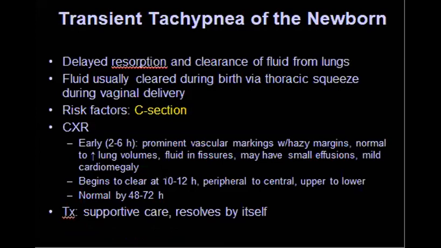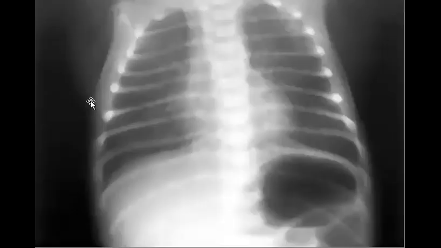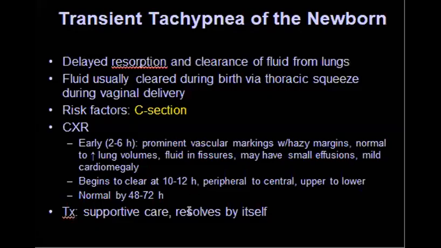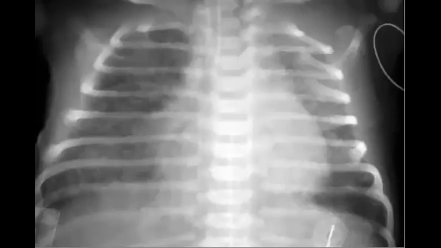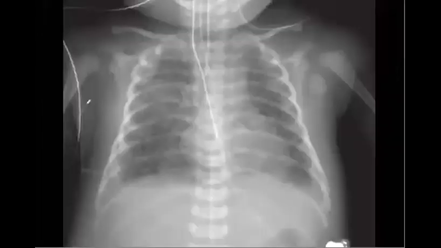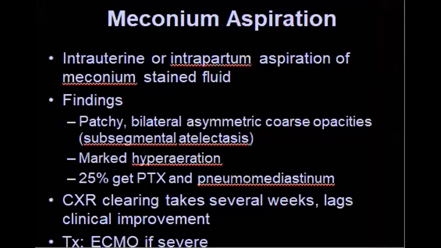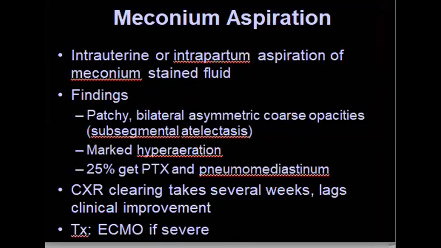After that it can become clear, like this patient, and after a few days become normal. Meconium aspiration in this case, and in this case they like the very hilar region, but again it is a differential diagnosis. The most important thing to know is that this patient will be term with good lung volumes.